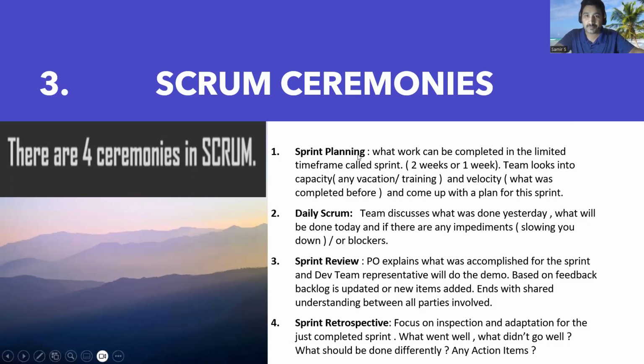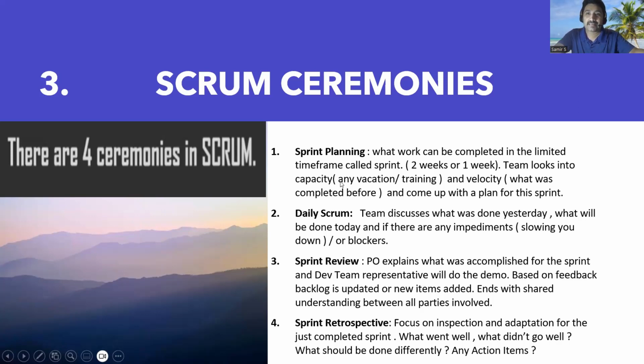What do they discuss in the sprint planning? They are discussing what work can be completed in the upcoming 2 weeks of sprint. The team looks into the capacity. What is capacity?